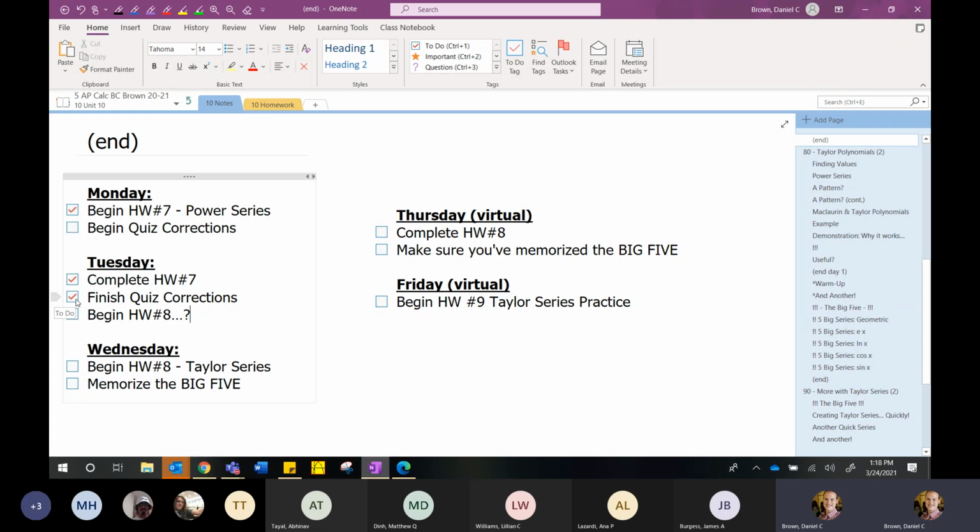Homework 8 I have divided onto 2 pages in OneNote, because the first page is just us generating Taylor polynomials with that table. The second page is you actually using those memorized ones. I didn't want to put them on the same page. So basically, short version, you can do all of 7 and the first half of homework 8.